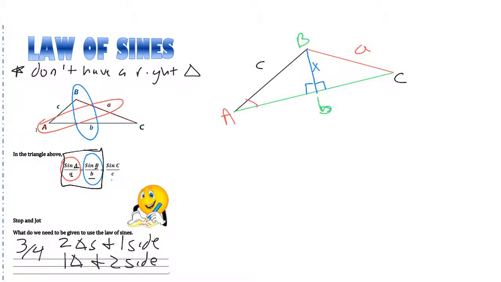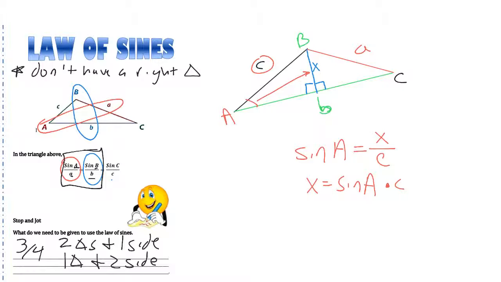What we figured out is if I took the sine of angle A, it would be the opposite over the hypotenuse. So it's x over c. Then if I solve for x by multiplying by c on both sides, x equals sine of A times side c.